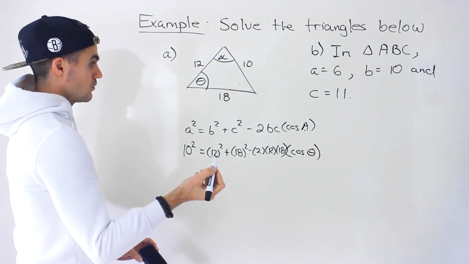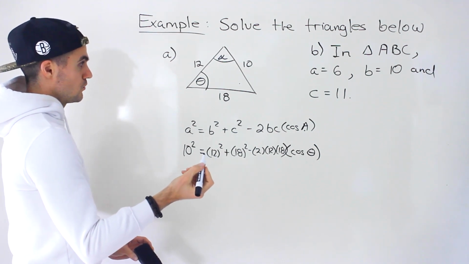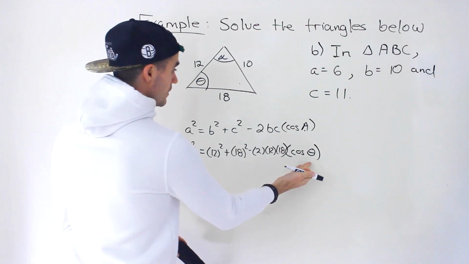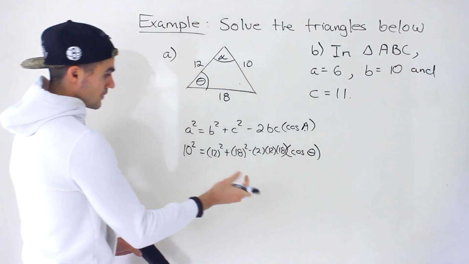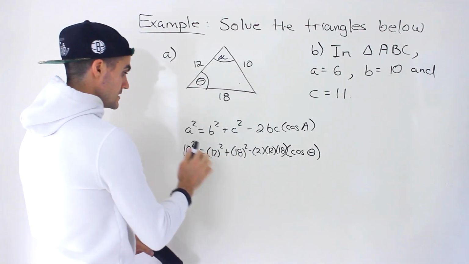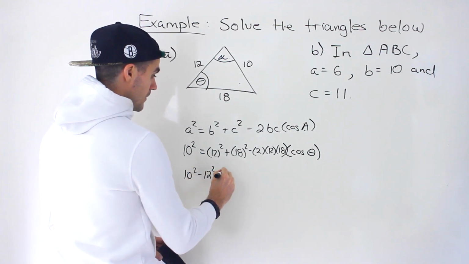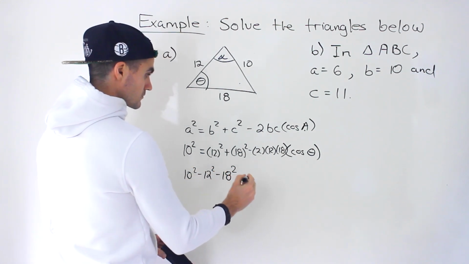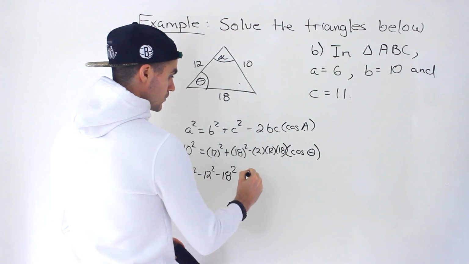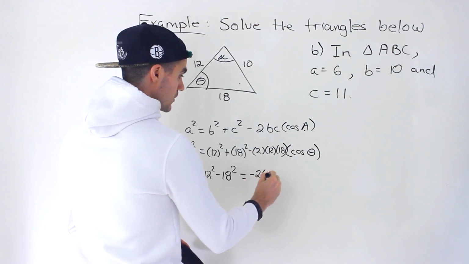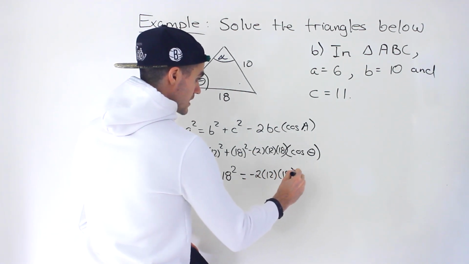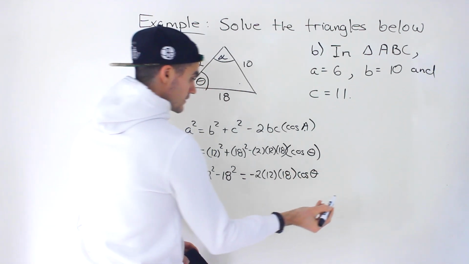And so from here, what you want to do is isolate this cos theta here. So I'm going to bring the 12 squared over, the 18 squared over. So we'll have 10 squared minus 12 squared minus 18 squared. And that's going to equal, what's left here is the negative 2 times the 12 times the 18 times the cos theta, like that.